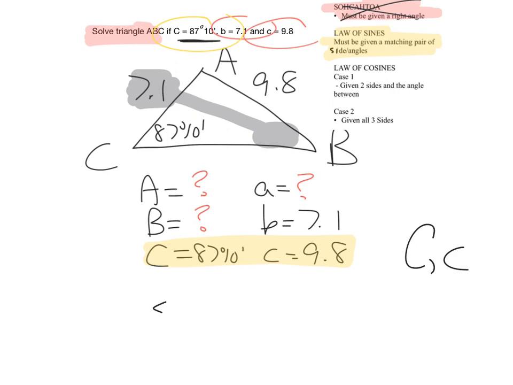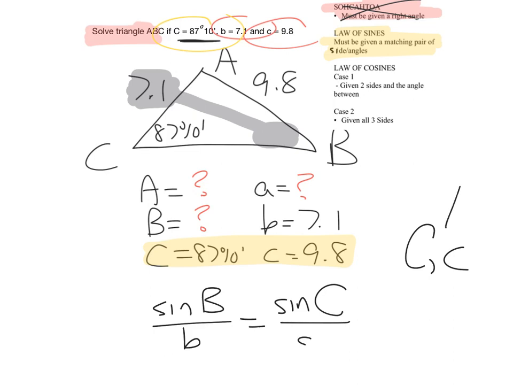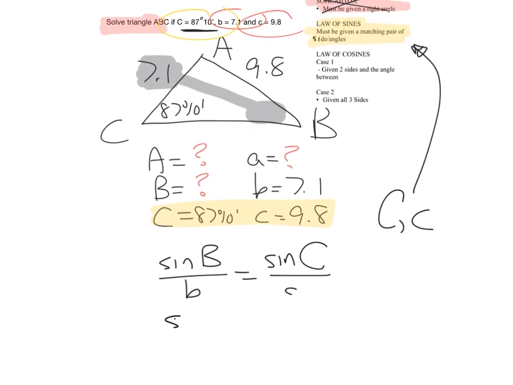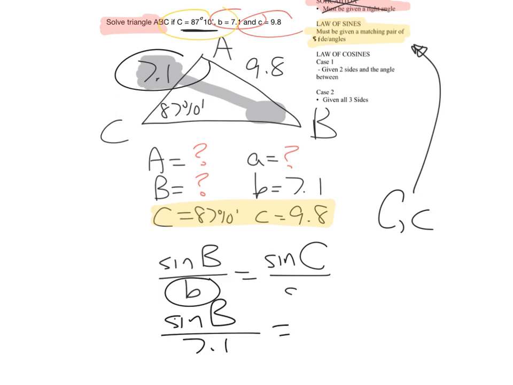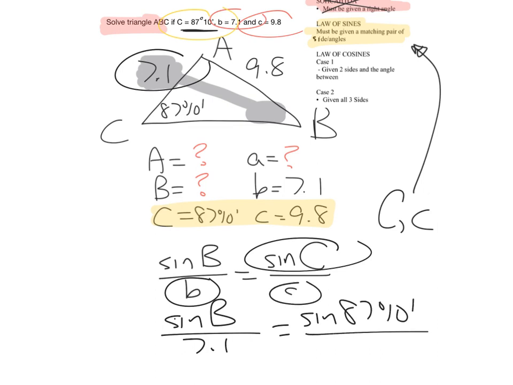I'm going to write the sine of angle B over side B, and that equals the sine of angle C over side C. Again, I'm using the law of sines first because I was given a matching pair of side and angle. So I have the sine of angle B over little b, which we were told is 7.1, and that equals the sine of angle C, so the sine of 87 degrees and 10 minutes, over side C, which is 9.8.